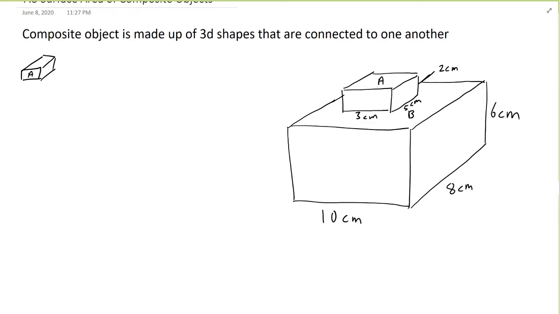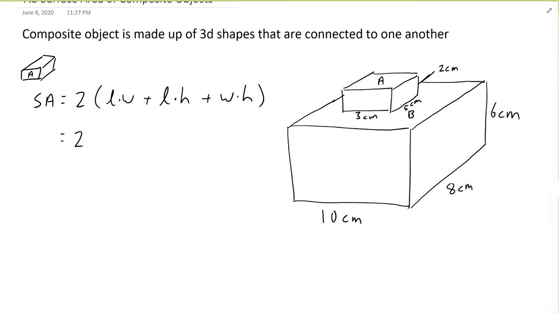Or you can use that formula that I showed you last time, which was 2 times the length times width plus length times height plus the width times height, which essentially does the same thing. It just gives you the area of the front, the area of the top, the area of one of the sides, and then just doubles everything.